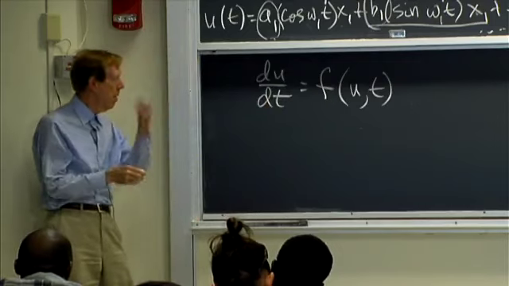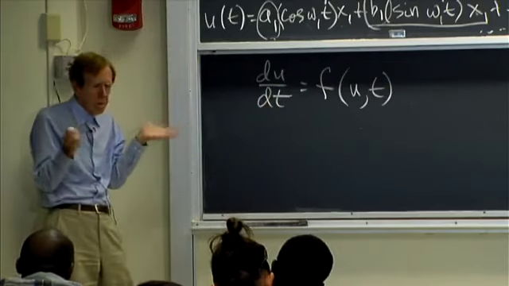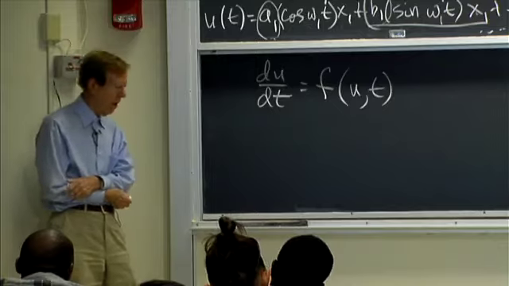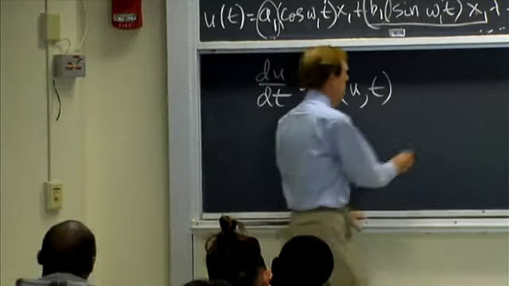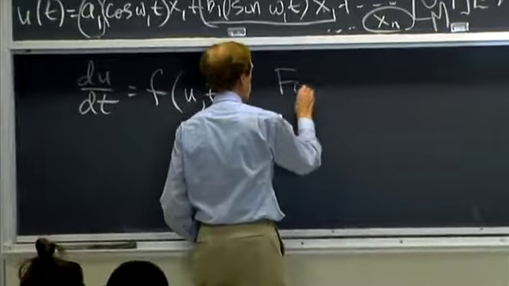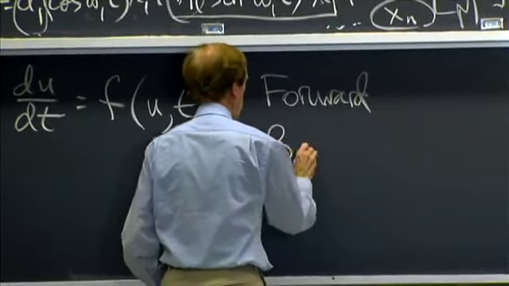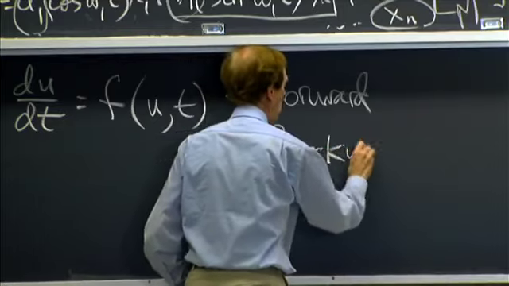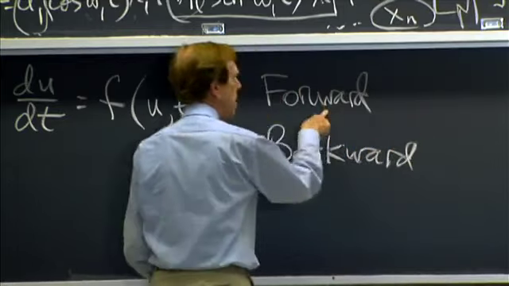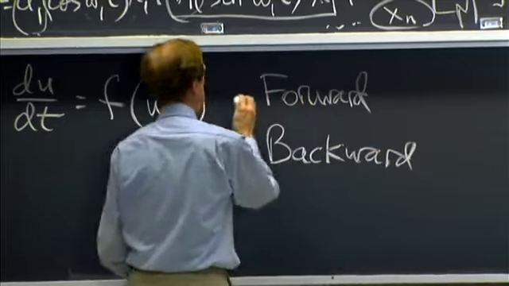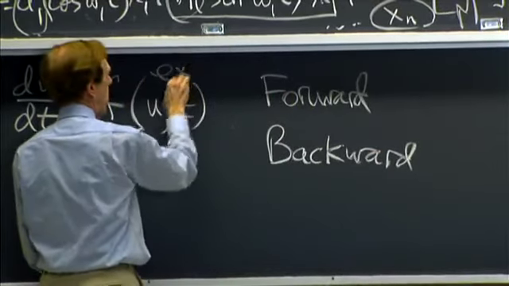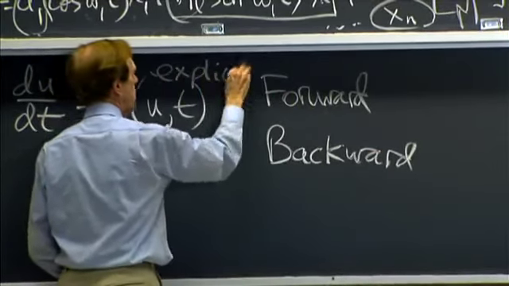Okay, now Euler thought of, let's give Euler credit here, forward Euler and backward Euler. And the point will be that this guy is explicit. So can I write that word so I don't forget to write it? Explicit.